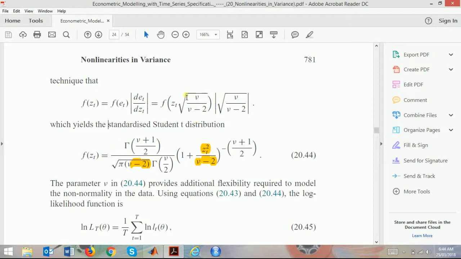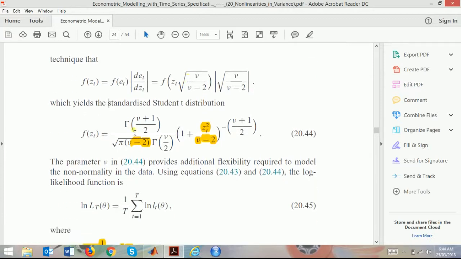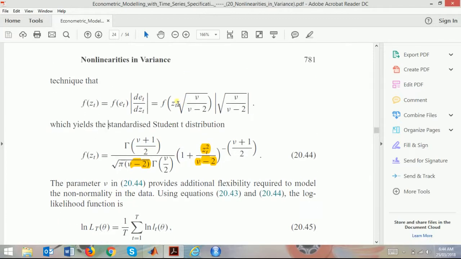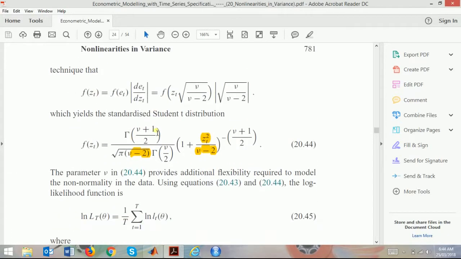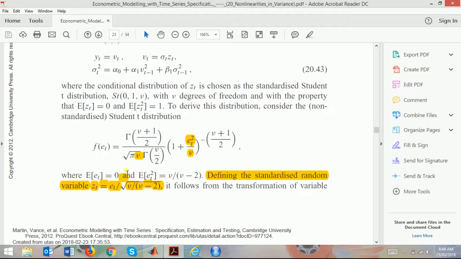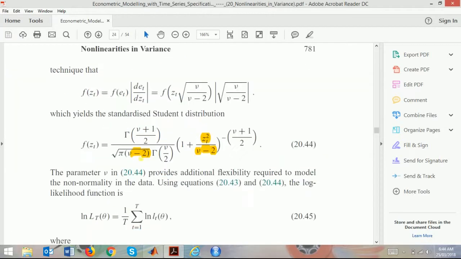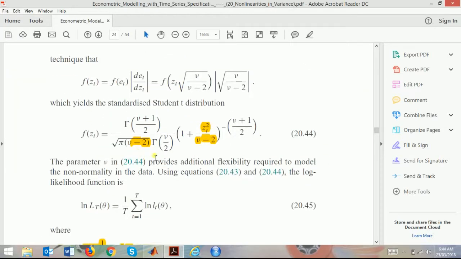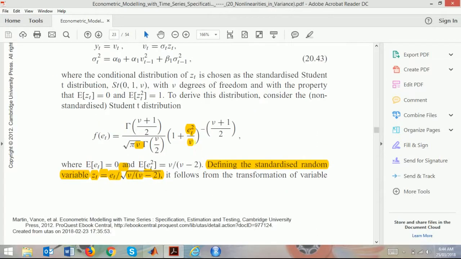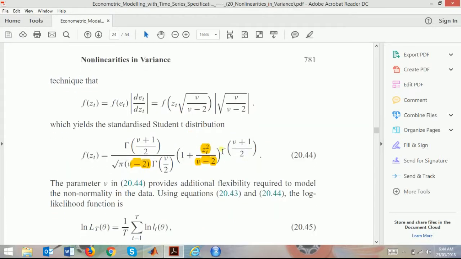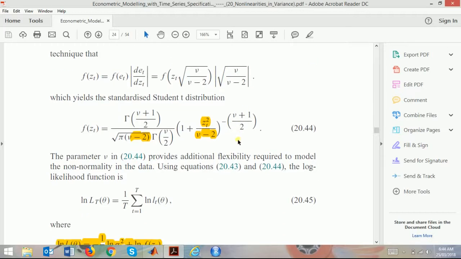And then we have the t distribution, and from f of e to f of z, the only change is the numerator and the denominator with the gamma portion remains same. Root over pi tau becomes root over pi (tau minus 2), that's all. And this portion changes, e squared by tau becomes z squared by (tau minus 2), so all the taus become tau minus 2 and the rest remains same.